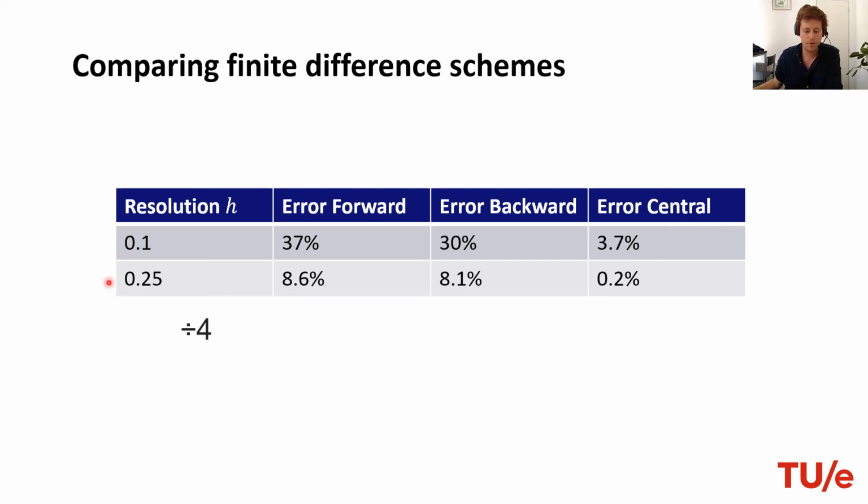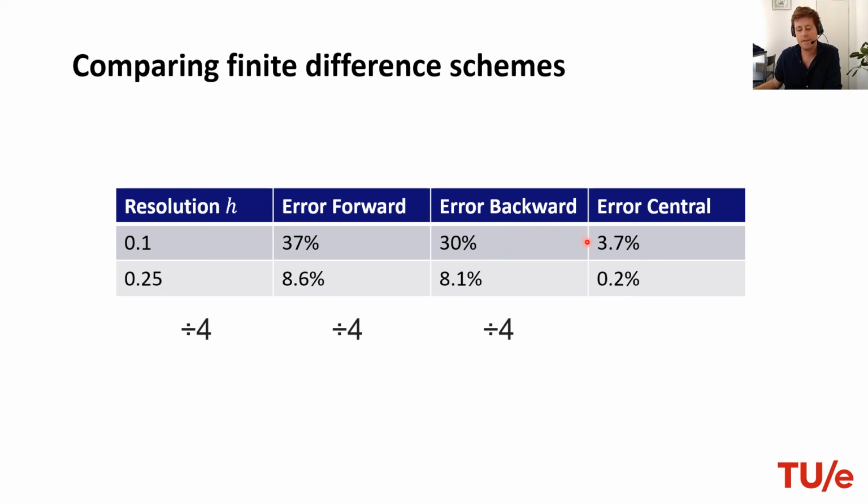So we reduced h by a factor 4; we divide by 4. And then we see that the error in a forward difference scheme also roughly divides by 4. The error in a backward difference scheme, again, also roughly divides by a factor 4, so that is simply proportional to h.